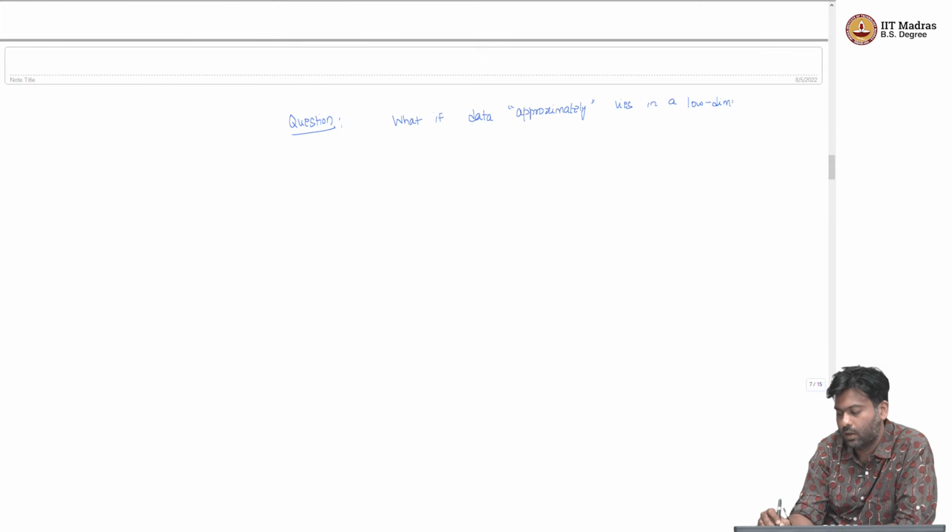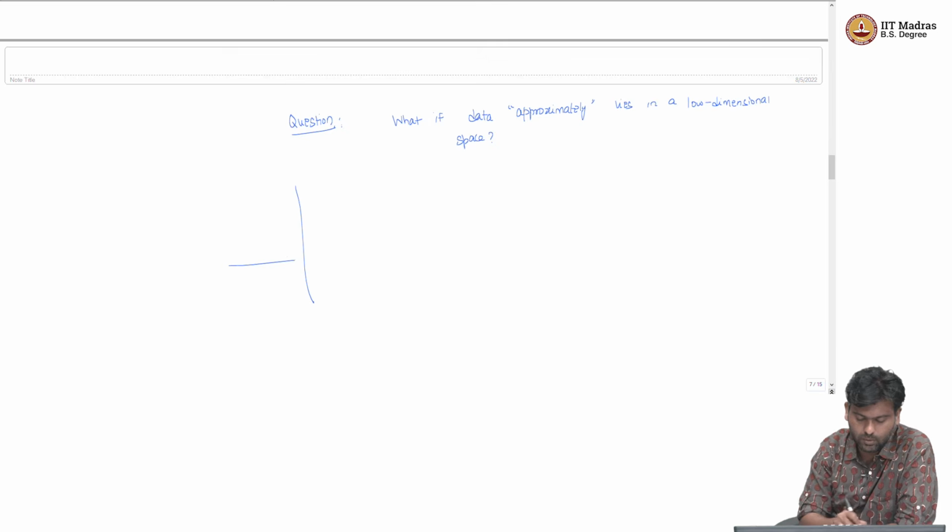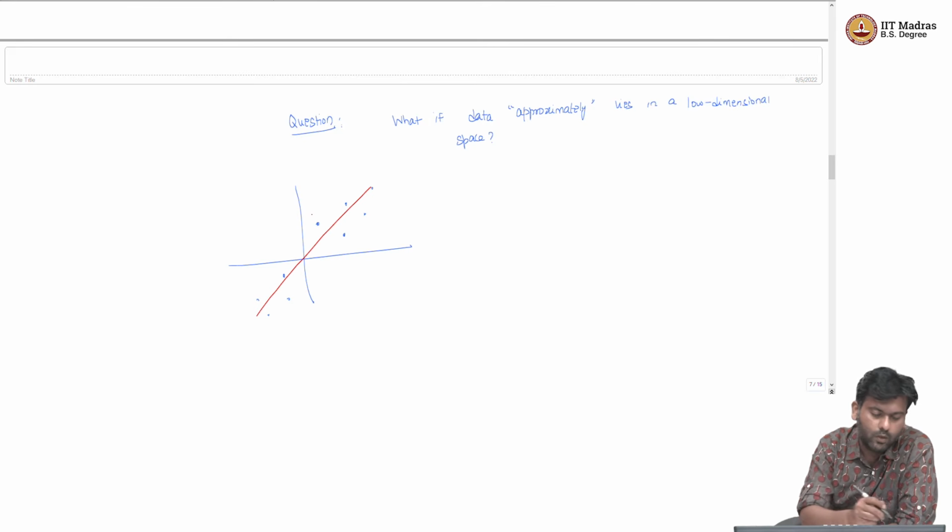What does that mean? The simplest example is the 2-dimensional space. Again, we might have data like this. Well, there is no single line that fits the data. So, there is no single 1-dimensional space where the data actually lies, but still we are kind of happy with this line, this 1-dimensional representation, which means that we are saying we can tolerate some amount of error, right.